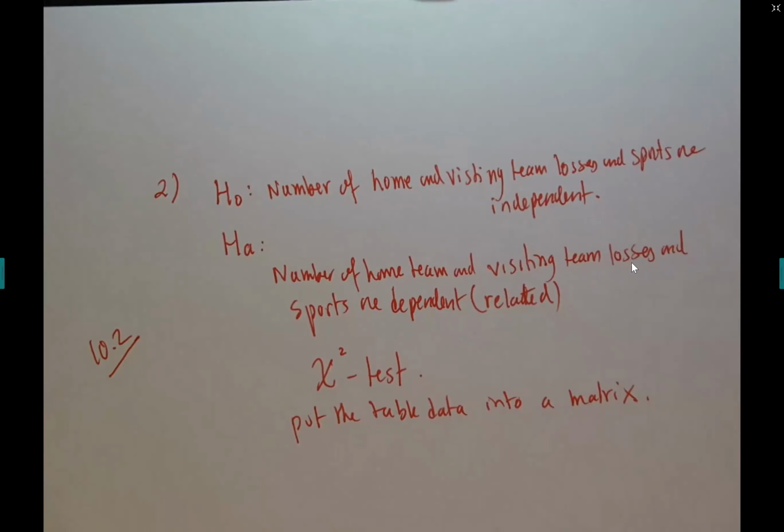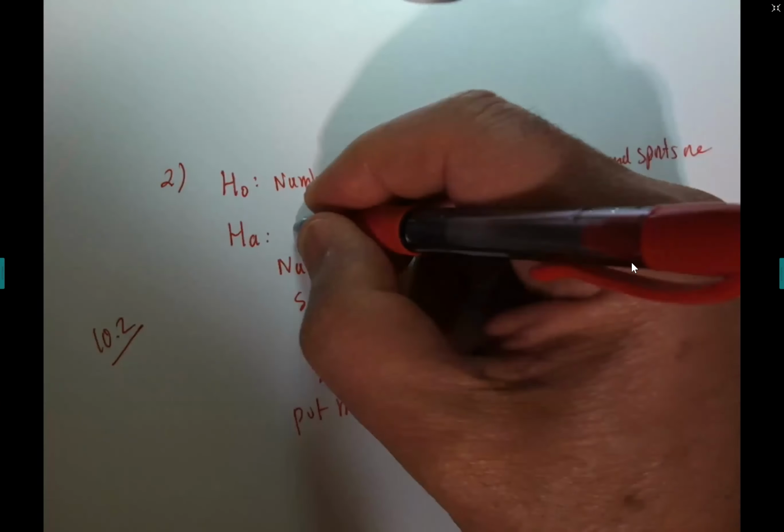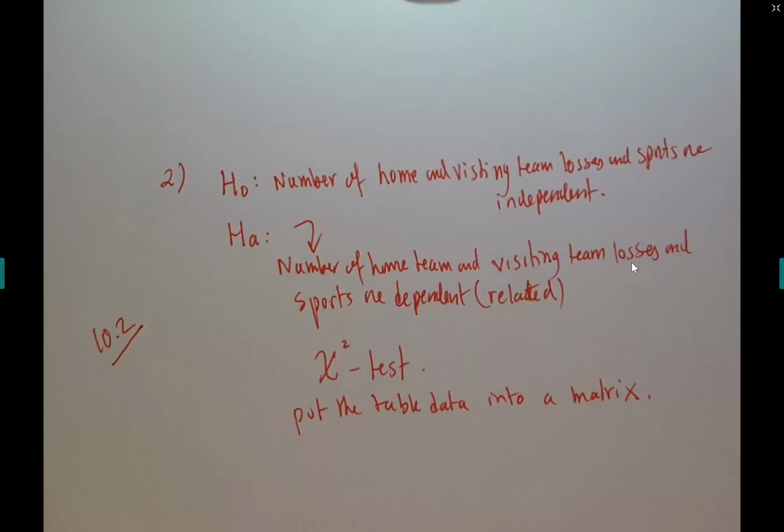So the null hypothesis is number of home and visiting team losses and sports are independent. And HA will be number of home team and visiting team losses and sports are dependent. This is a chi-square test. As I showed you on the calculator, we put the data into a matrix, and now we're going to run a chi-square test.